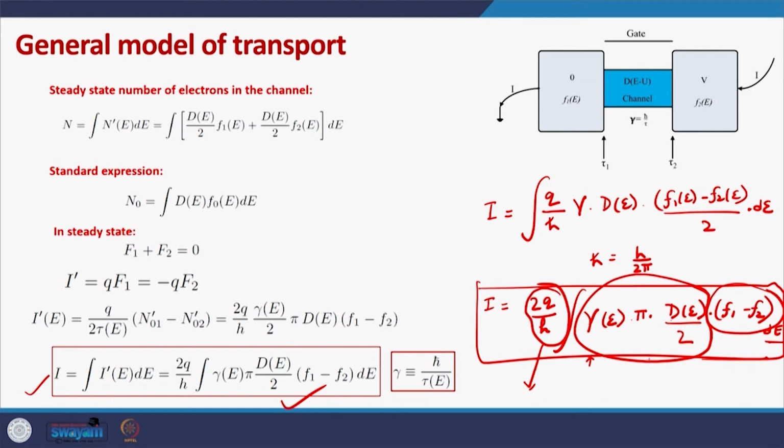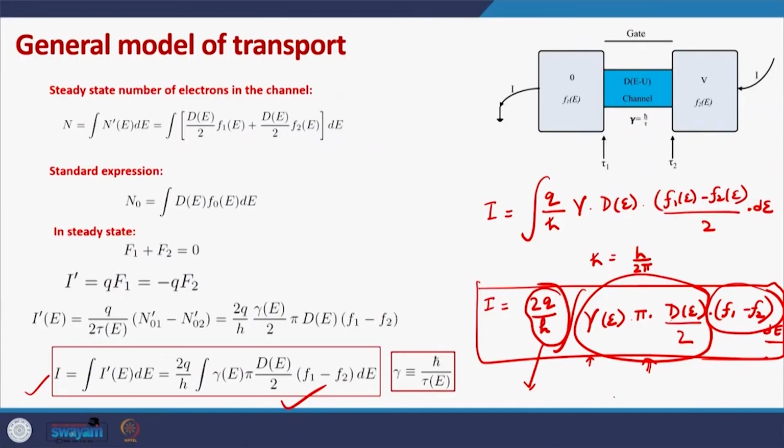But this quantity is an interesting quantity that we need to analyze. So, please think about this, and we will discuss more about this in the coming class, what this quantity is. Let me give you a hint, this is known as the modes in the channel or the conduction pathways in the channel.